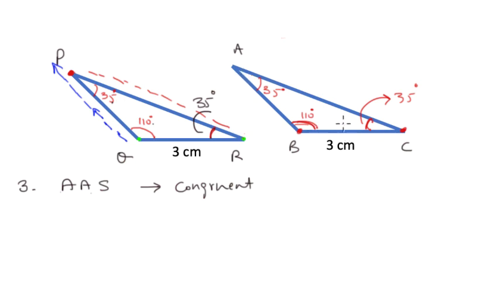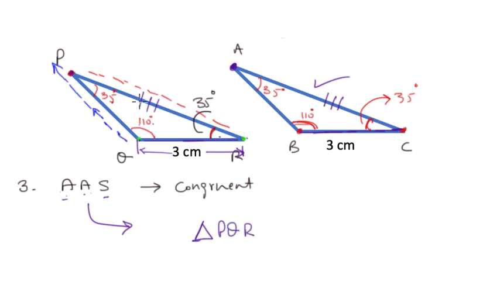When we stretch rays at the same angle, they will meet at a point A, and the distance of point A from either B or C will be the same as the distance from PR or from P to Q. So this shows that when you are given a triangle in which two angles and one side are the same as the other triangle, then we can say that triangle PQR, or triangle number 5 in this case, is congruent to triangle ABC, which is triangle number 6 here.